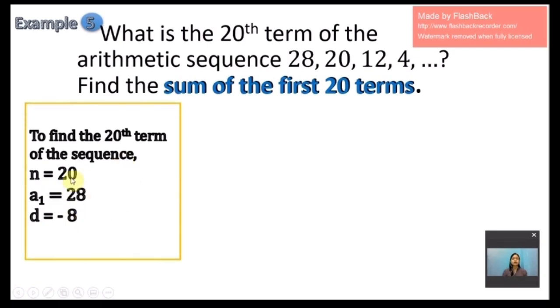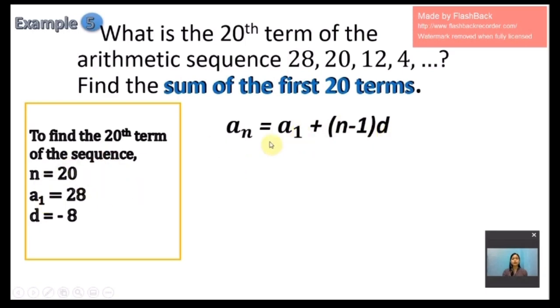So these are the given. Now, using this formula in finding the nth term for an arithmetic sequence, a sub n is equal to a sub 1 plus the quantity of n minus 1 times d.